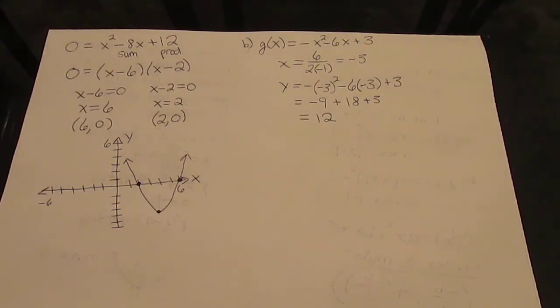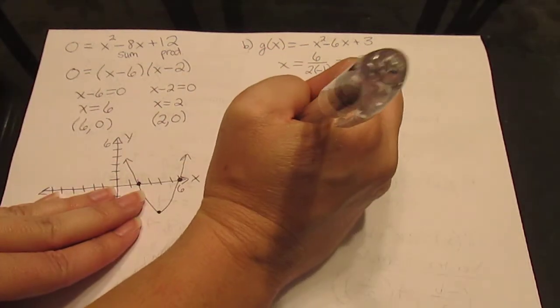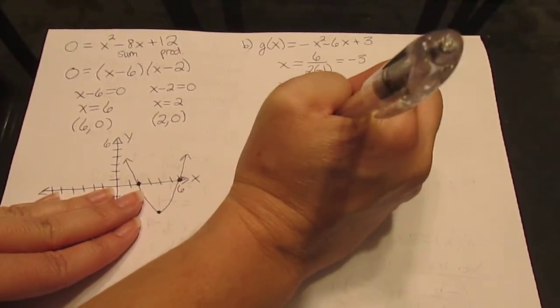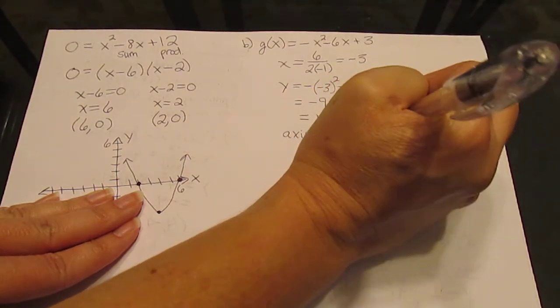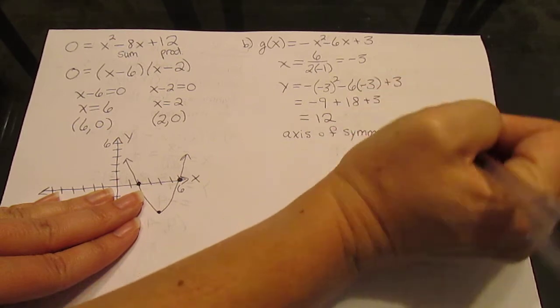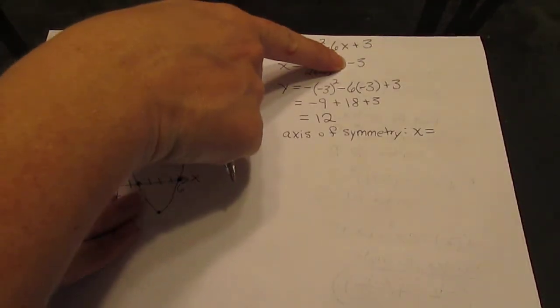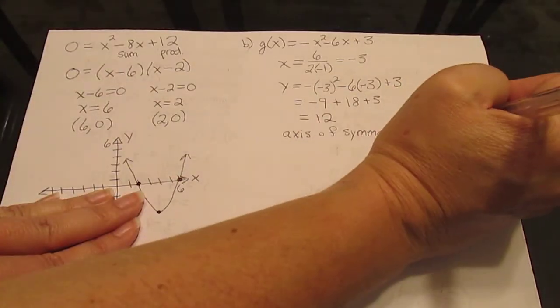Okay, so now we can easily write down our axis of symmetry and our maximum or minimum. Remember, the axis of symmetry is going to be x equals whatever the x was in your vertex, so that was -3.